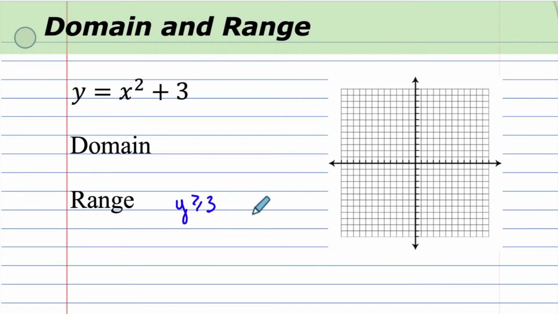Now how we say that is y is an element of the reals. And of course you don't want to write all that each time, so you could write it as y is an element of the reals for short.